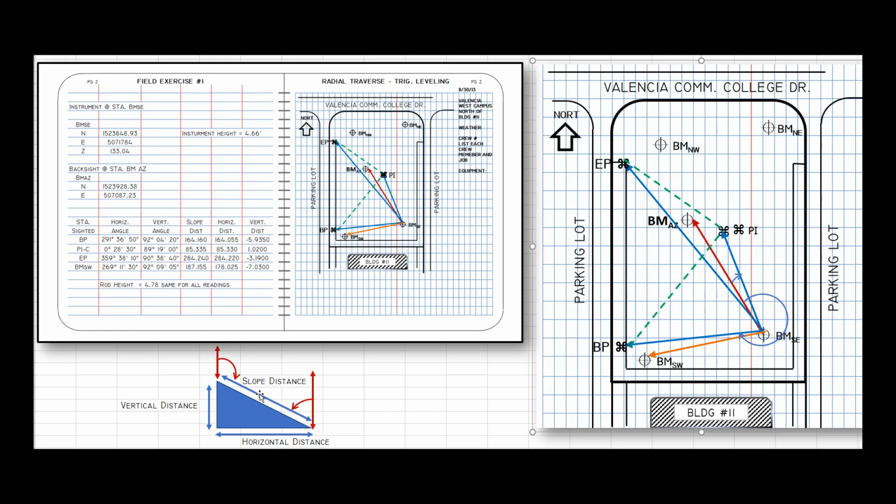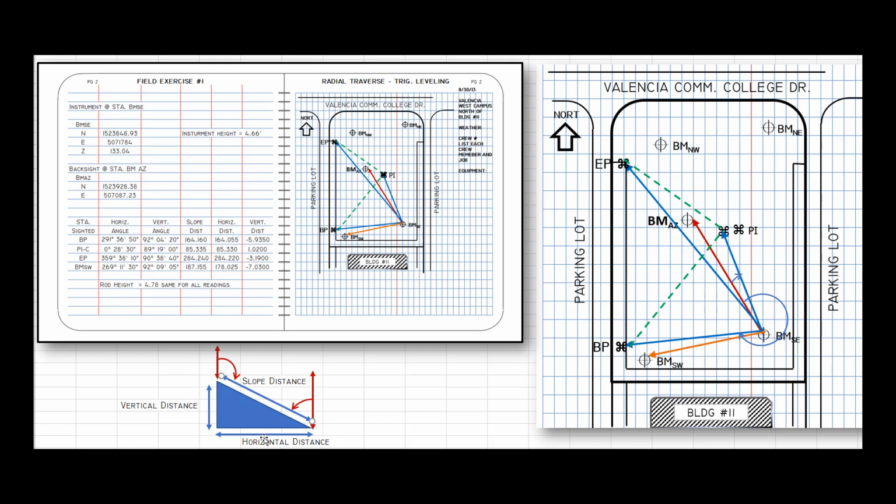Now let's take a look at the other pieces of data that we collected. We collected slope distance. The slope distance is the distance from where we set up our tripod to where our rod is, going along the grade that you're looking.